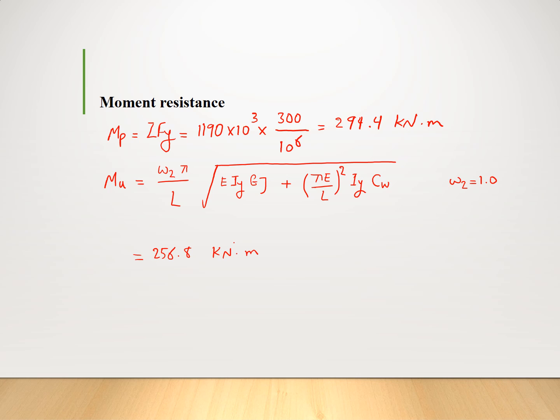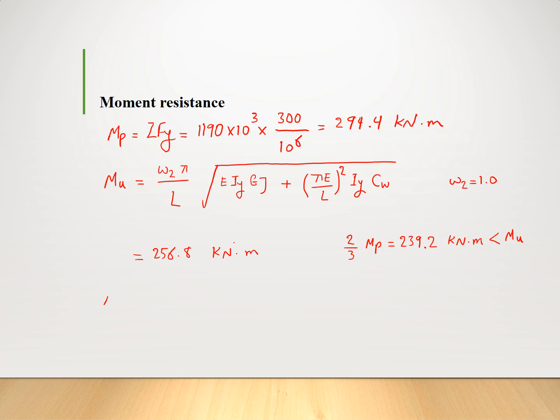We have to check this Mu against the 2/3 of MP. 2/3 of MP is equal to 239.2 kilonewton times meter, so Mu is bigger than this number.